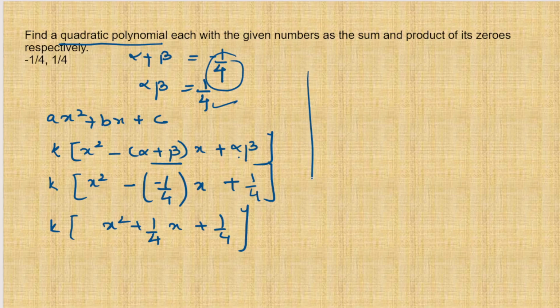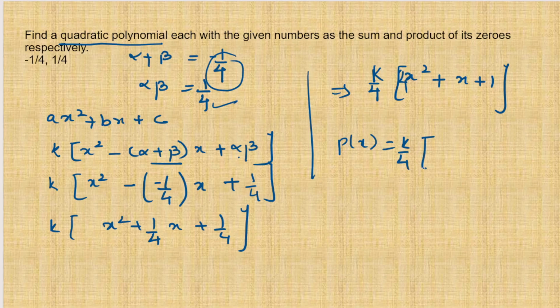On further solving it, you will get k by 4 times 4x square plus x plus 1. So what is the polynomial we are getting? We are getting k by 4 times 4x square plus x plus 1.